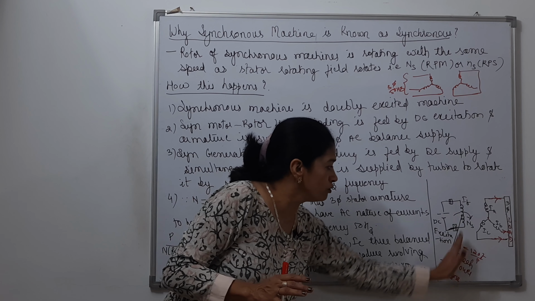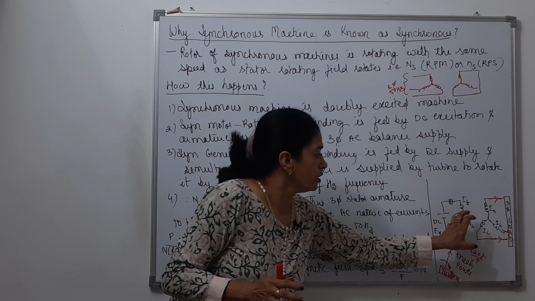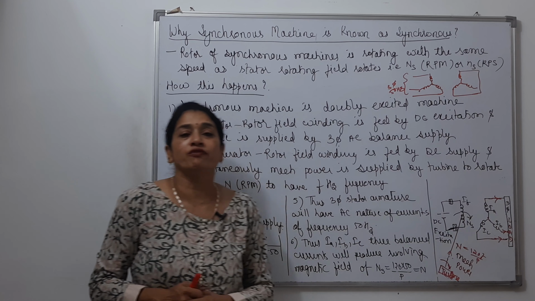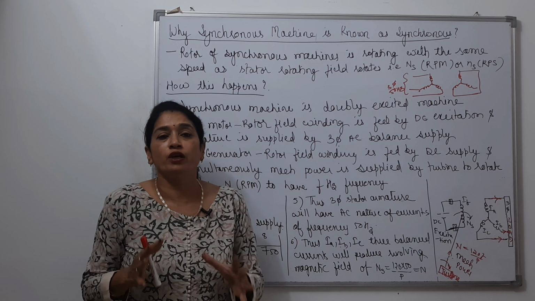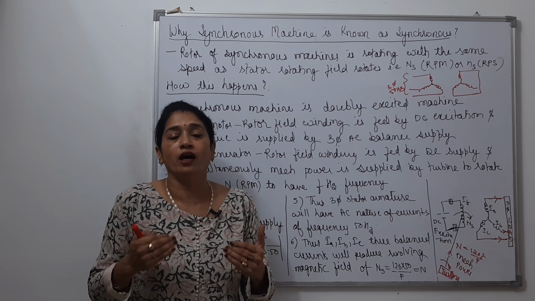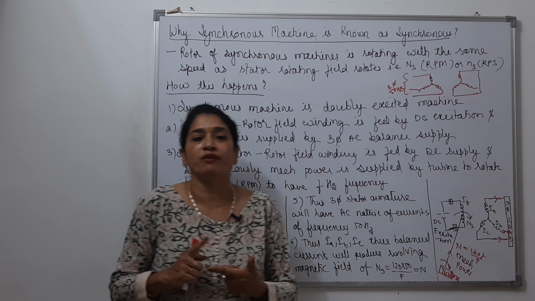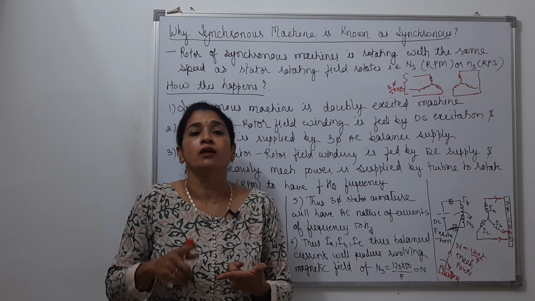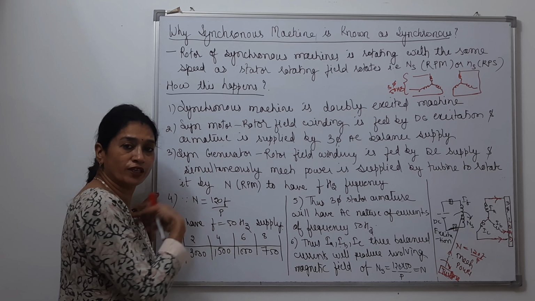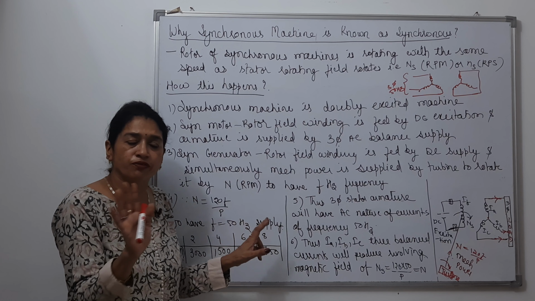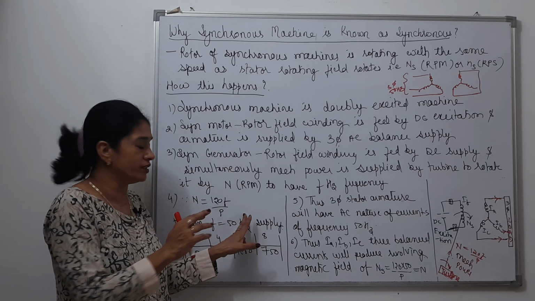What does this mean? If we give the speed N and the number of poles on the rotor is P, the frequency of the EMF induced in the armature winding would be F, and we are constrained to 50 hertz, so we need to induce an EMF and current of 50 hertz here. So this F is fixed for us at 50 hertz. Outside India it is fixed at 60 hertz.